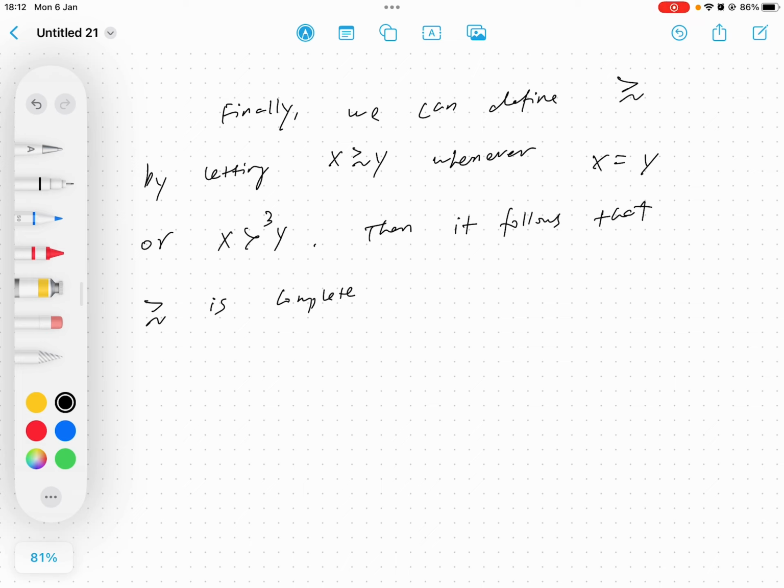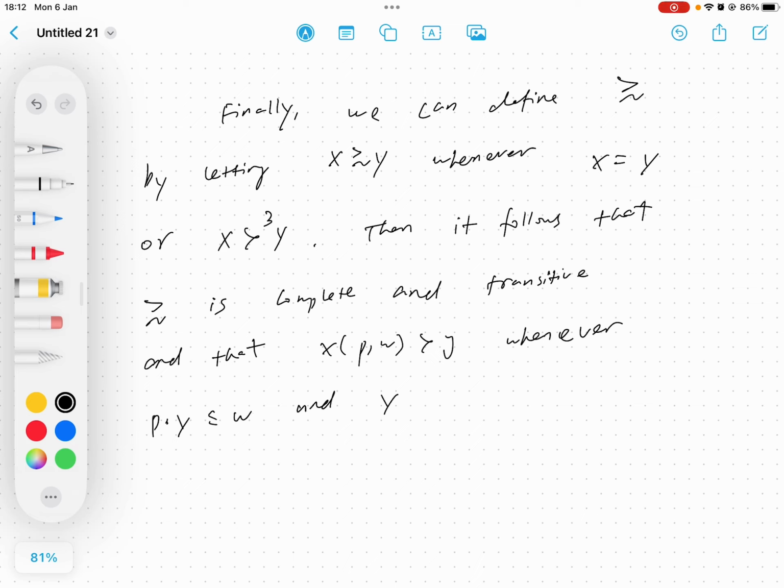So it is complete and transitive, and x is strictly preferred to y whenever y satisfies the budget and x and y are not the same.